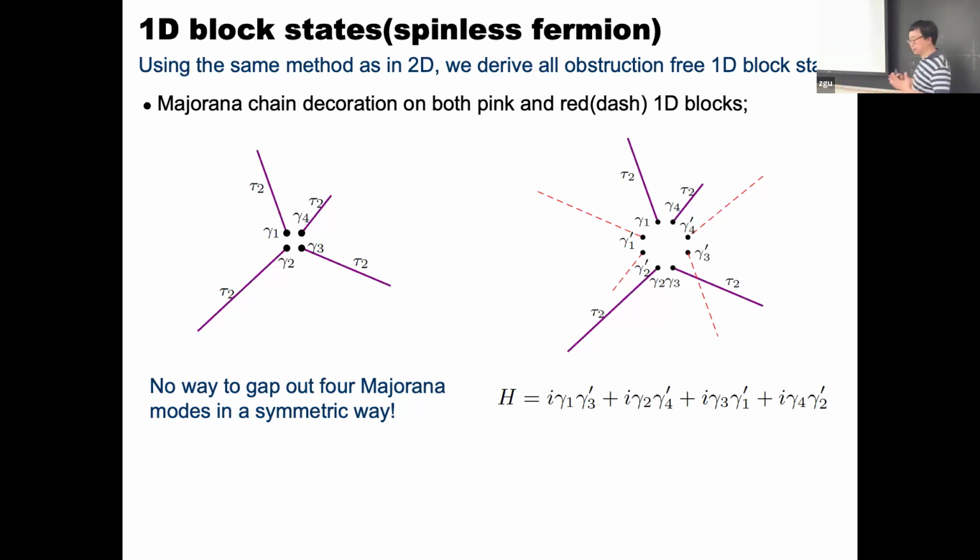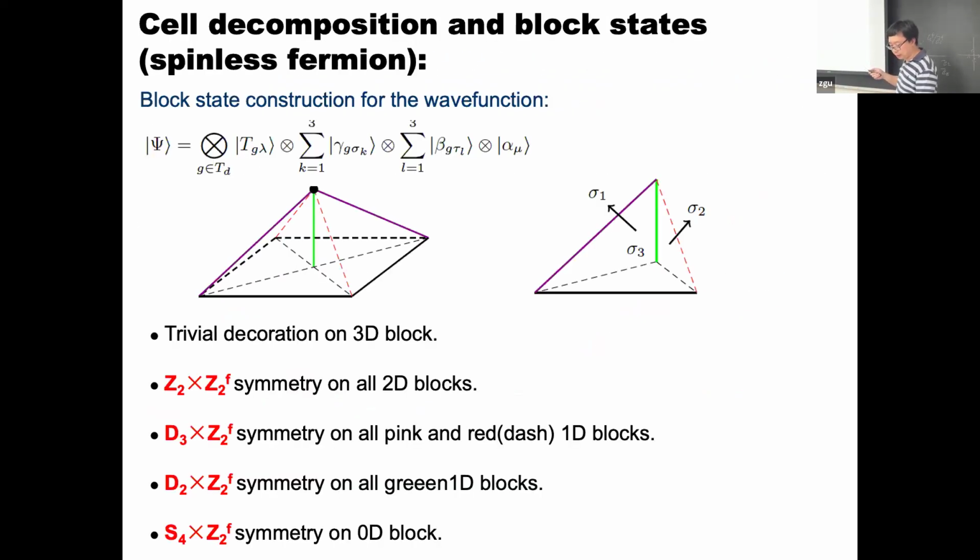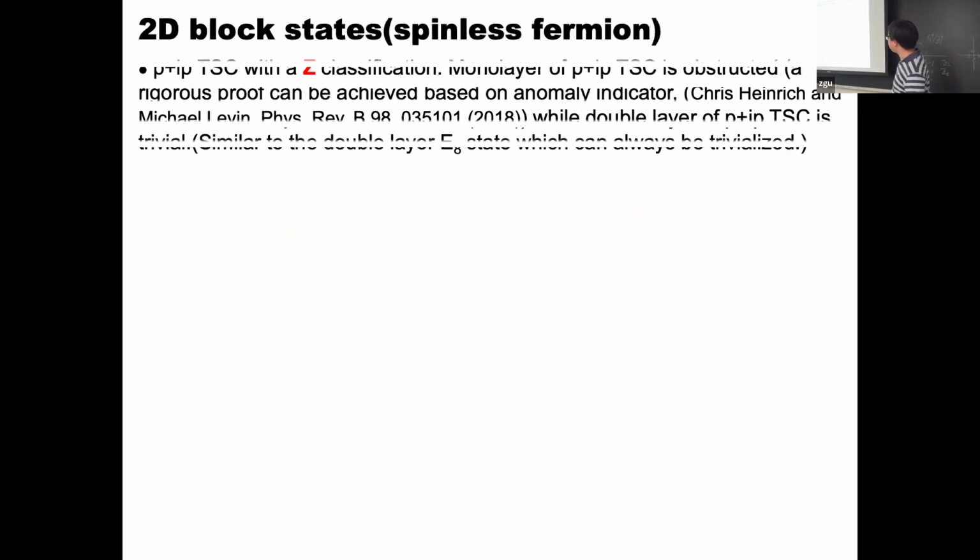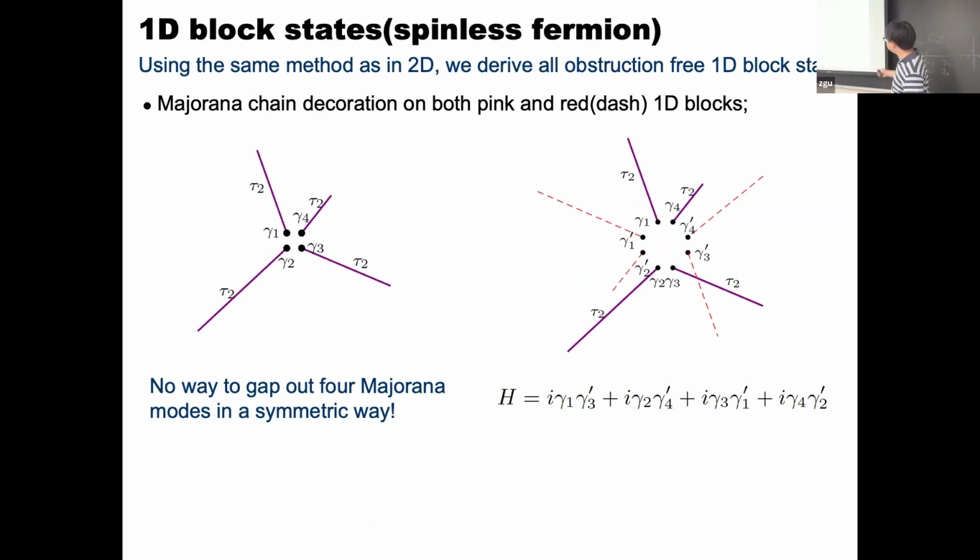So if we decorate all these pink and dashed lines, we call it a type 2 1D block state. Green is a different type, we call it green type 2. This is type 1. For the type 1 1D block state, decorating all of them with Luttinger chains is allowed. So just half of them is not allowed.